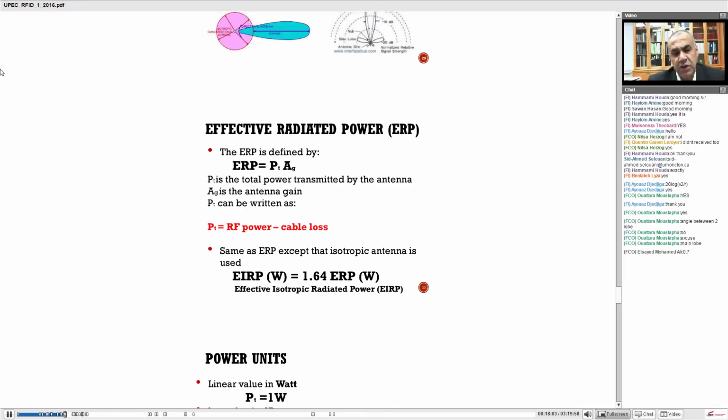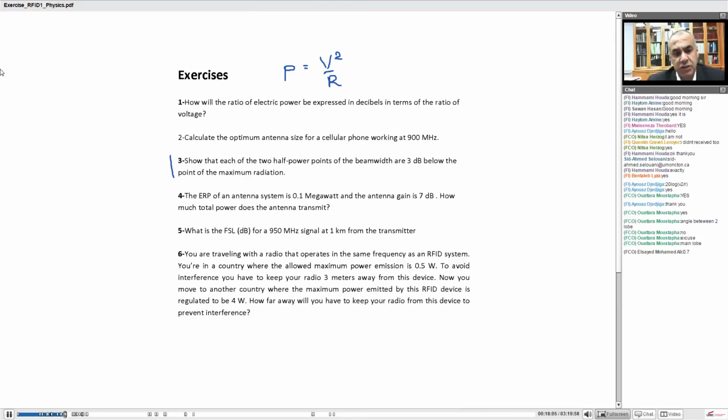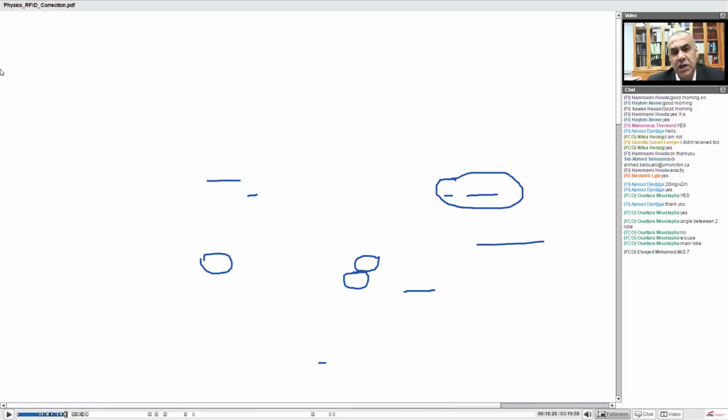So ERP is PT times G. This is the formula. We know that the ERP is 0.1 megawatt. Megawatt means 10 power 6, right? And 7 dB. We have to convert this to linear scale and then determine the total power sent by the antenna.